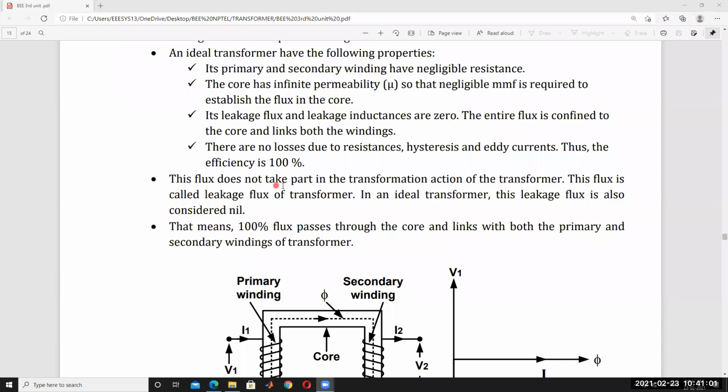The flux that does not take part in the transformation action of the transformer is called leakage flux.